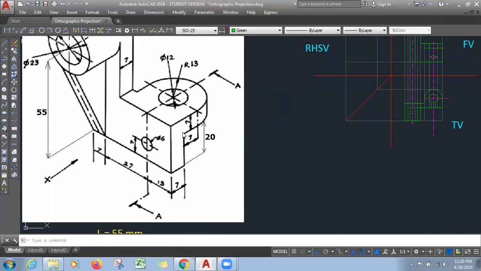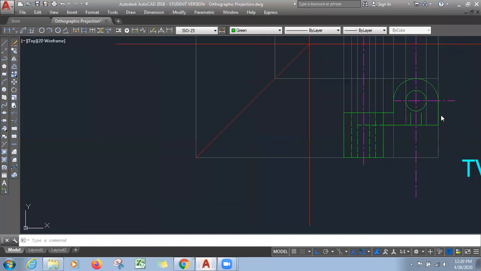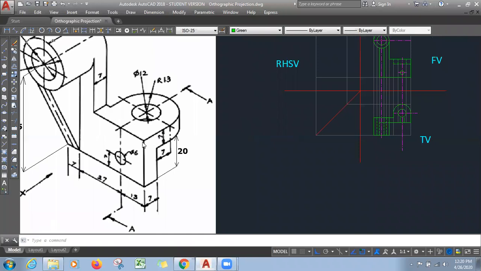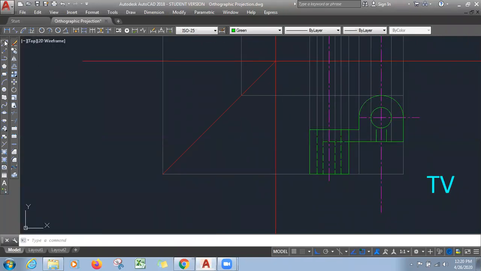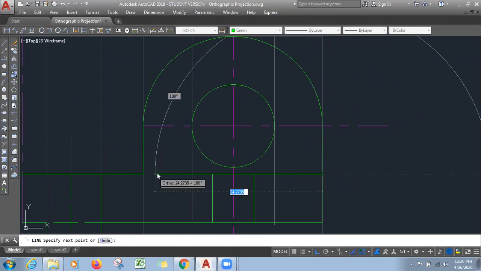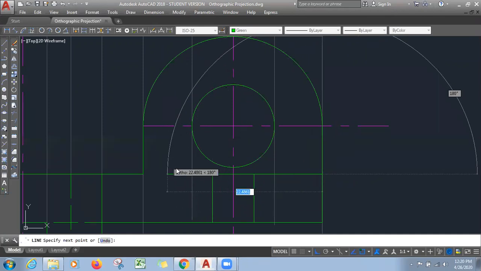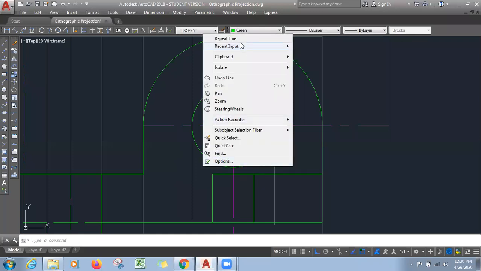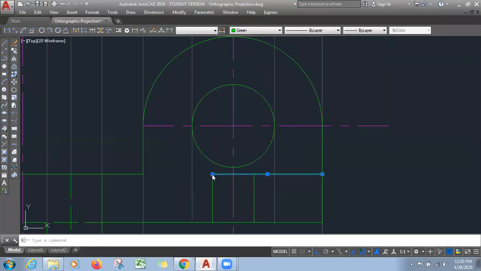Now once we have this, you can have a look. This surface is continuing. You see here we have a corner, and this surface continues in this direction. This surface is starting at which point? From this point at a distance of 7 mm it is starting, means this level. So that surface is this one. This is the surface, and this surface continues up to what level?